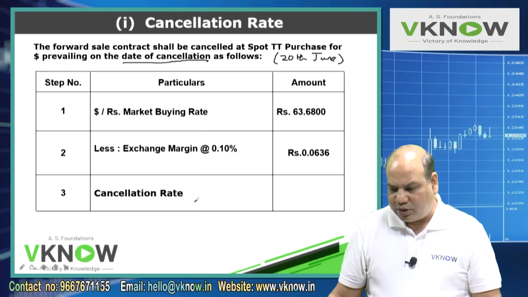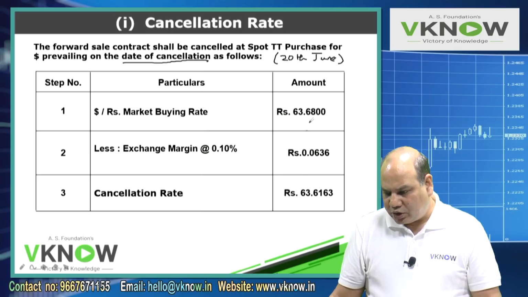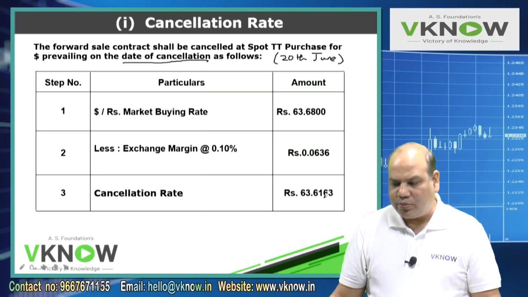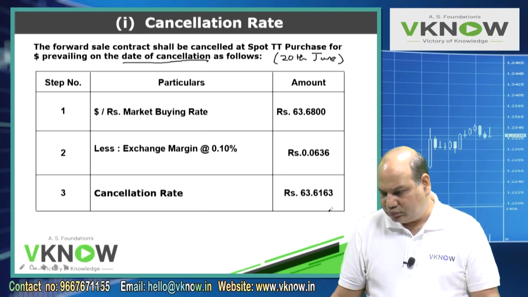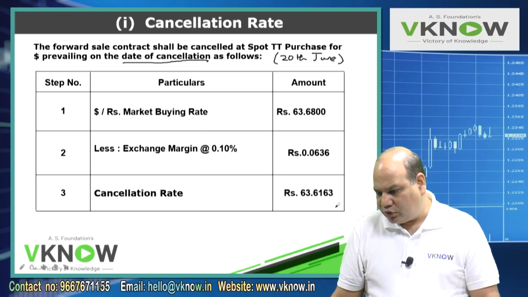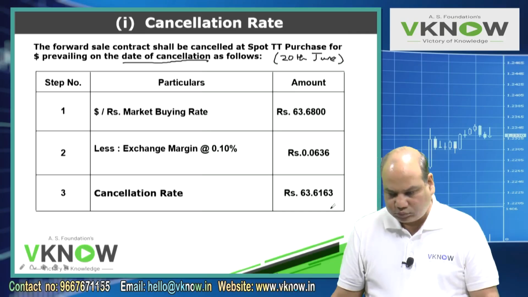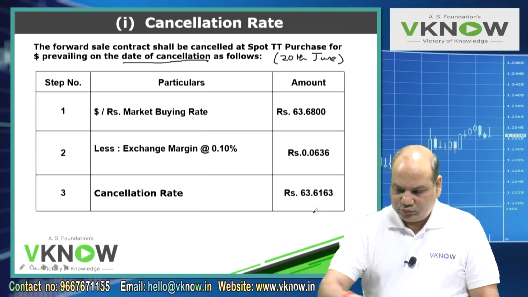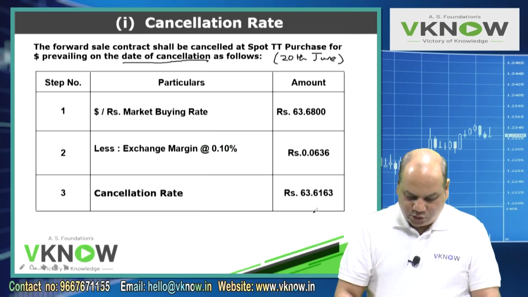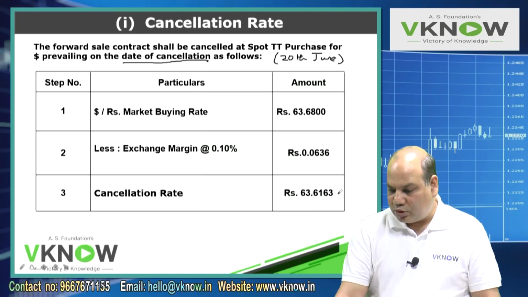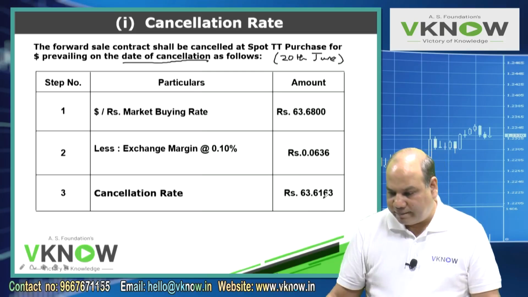So answer will be cancellation rate 63.6163 or 64 probably. Let me try 63.6800 minus 0.1%. 63.61632. No problem. So 613 is okay.